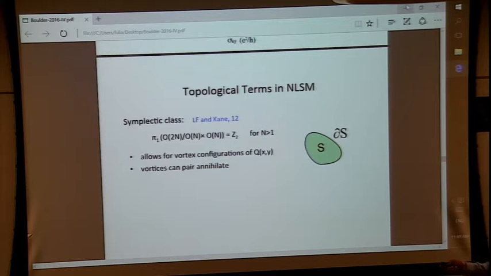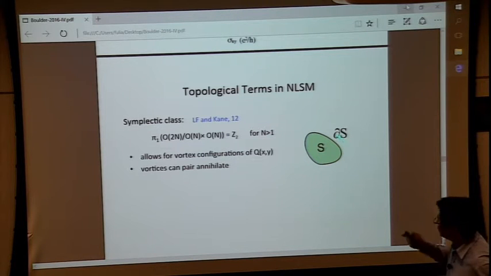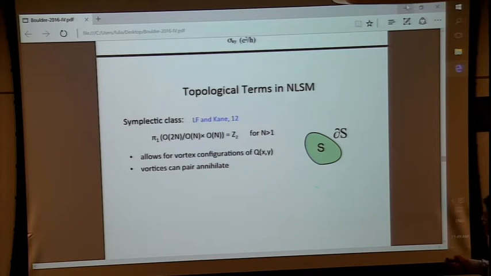So in the limit where n is equal to 1, it's an XY model. This allows vortex configurations. If we allow for vortex configurations, then pi1 being non-zero implies that if the order parameter can be softened, it allows topological defects, and we can call these vortices.